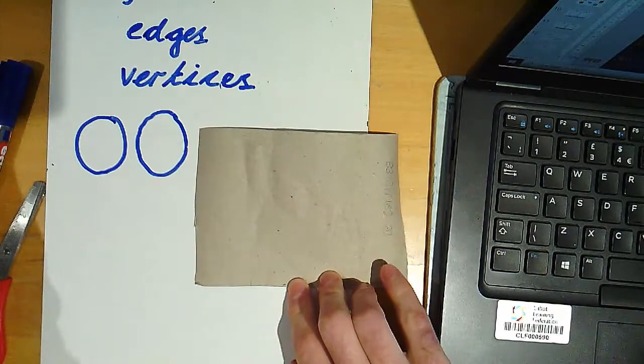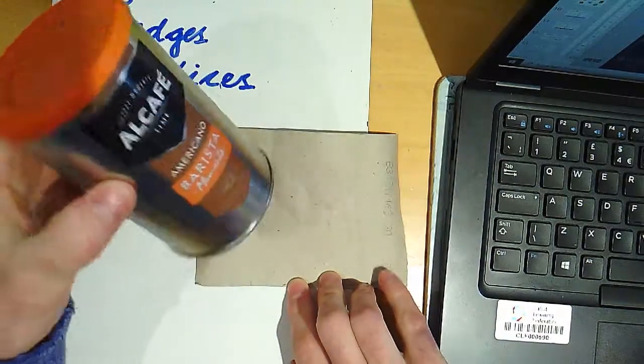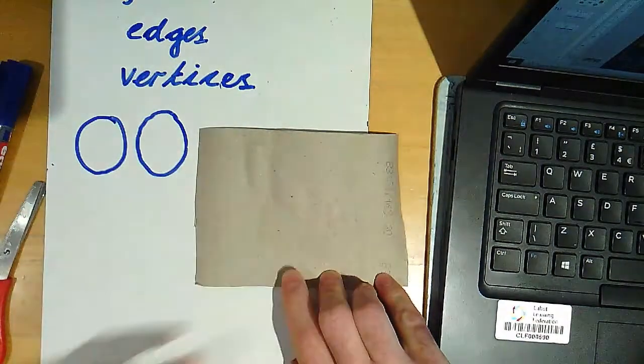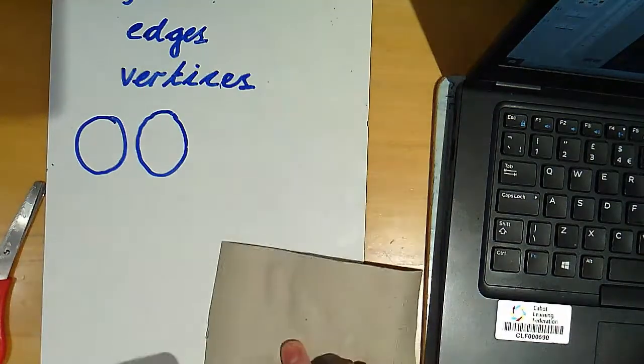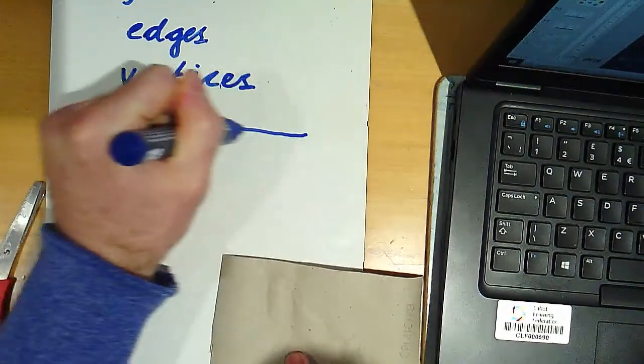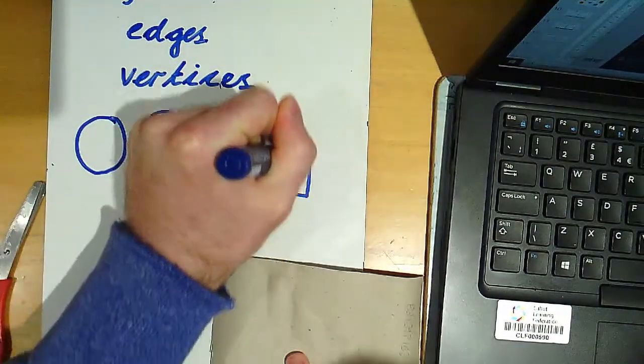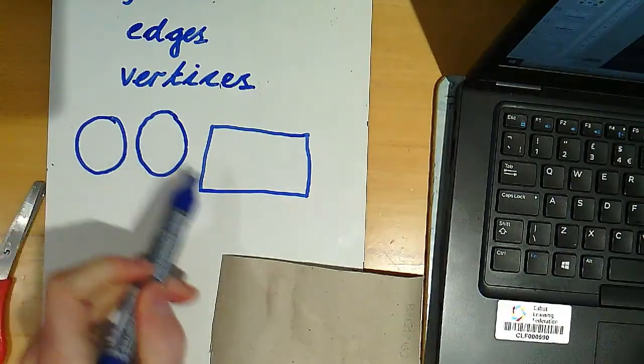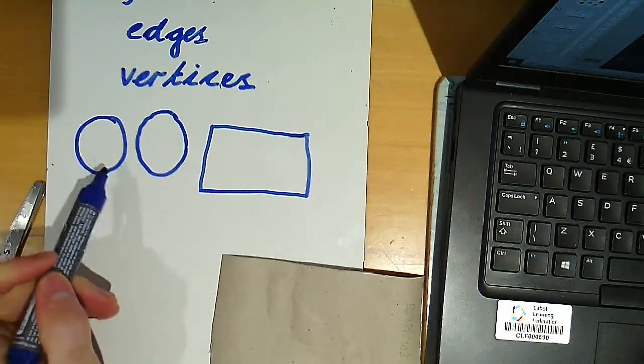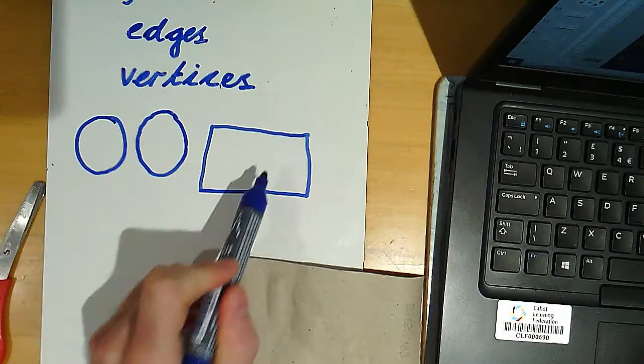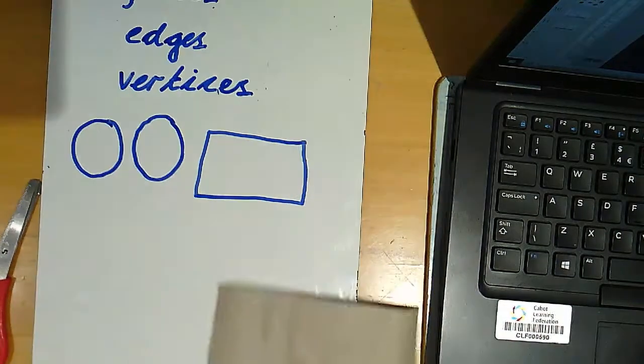So this curved face on my cylinder is making the 2D shape of a rectangle. So I can see that the three faces of my cylinder, and there are three of them, are two circles and a rectangle.